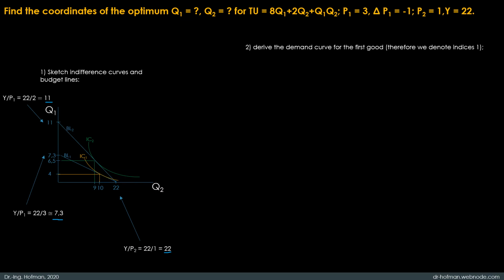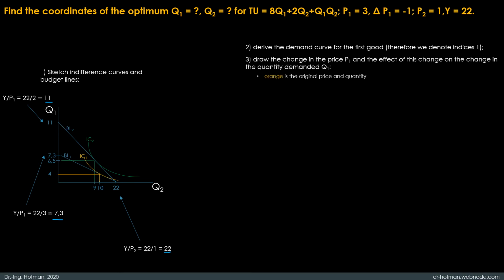Now derive the demand curve for the first good. Therefore, we denote indices 1. Draw the change in the price P1 and the effect of this change on the change in the quantity demanded Q1, where orange is the original price and quantity and green is the new price and quantity.